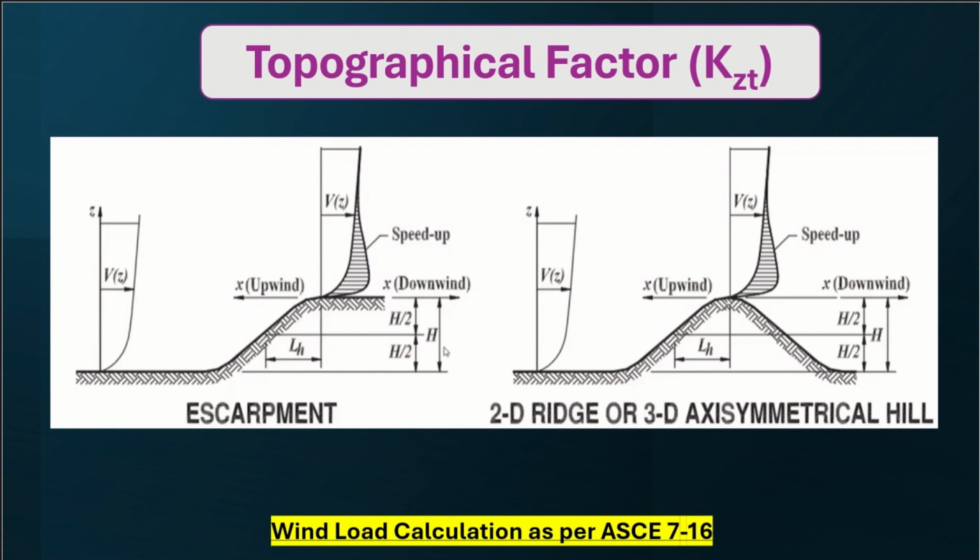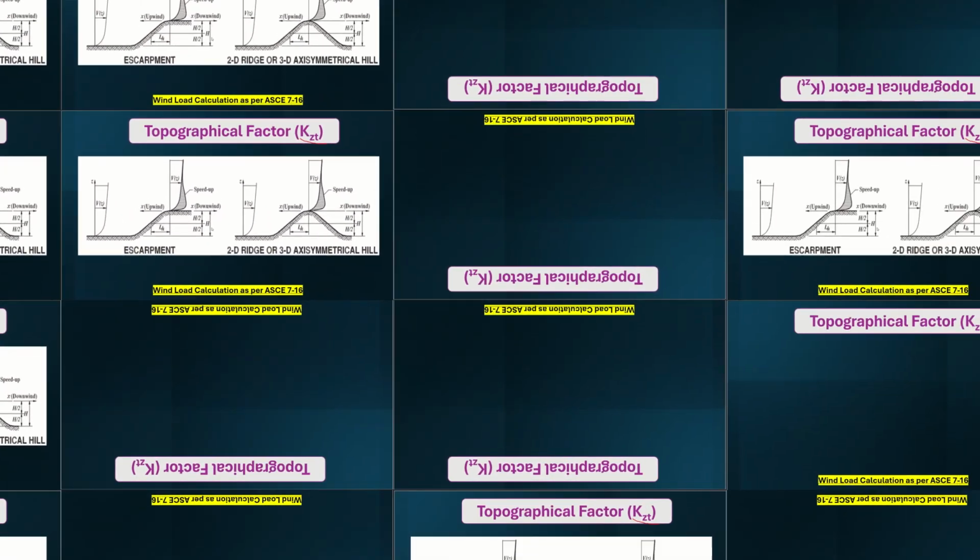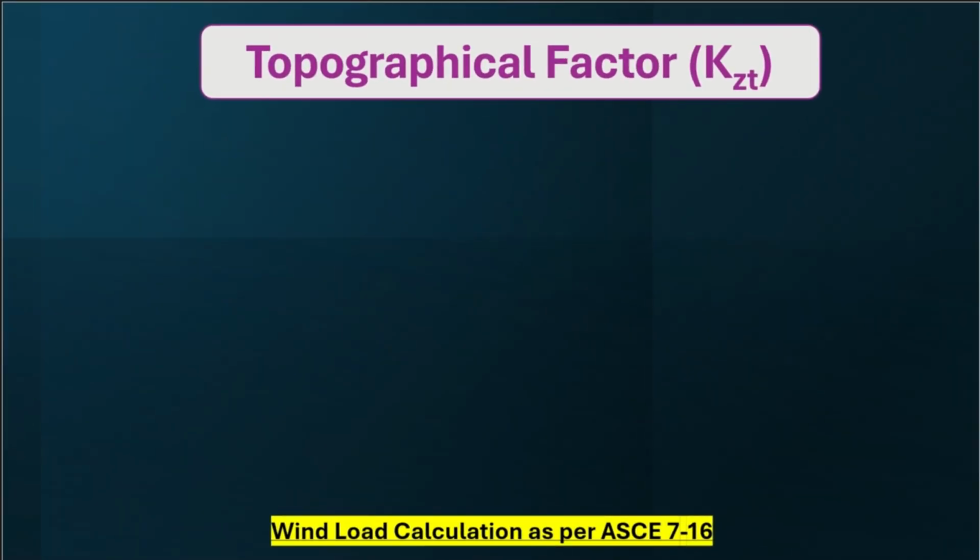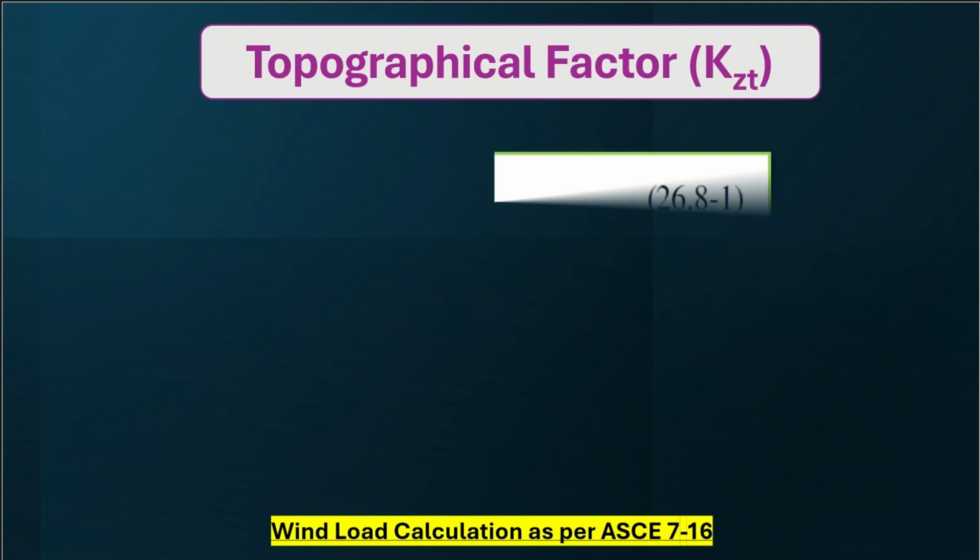The topographic factor Kzt accounts for wind speed-up effects caused by terrain features like hills, ridges, and escarpments. These features can accelerate the wind as it flows over them and increase wind pressure on a structure located nearby or on top. Let us see the Kzt equation, guys.